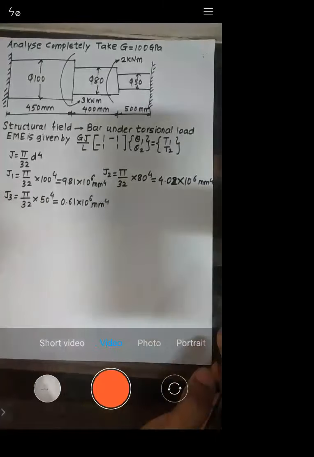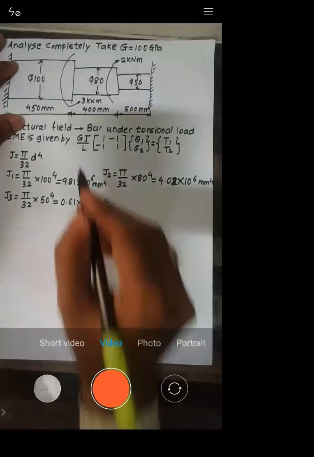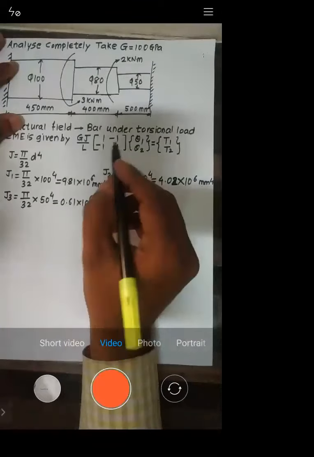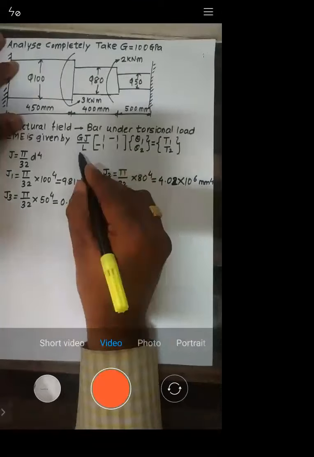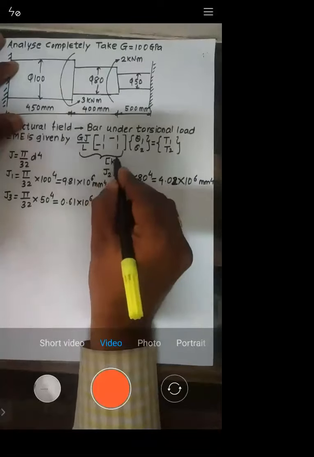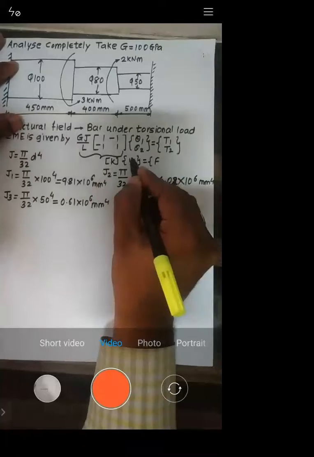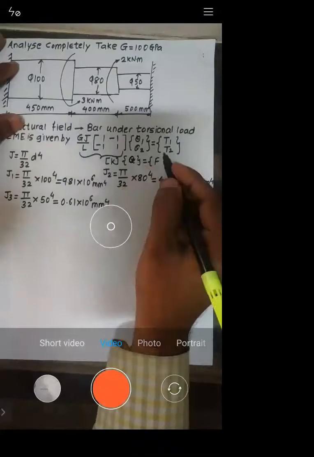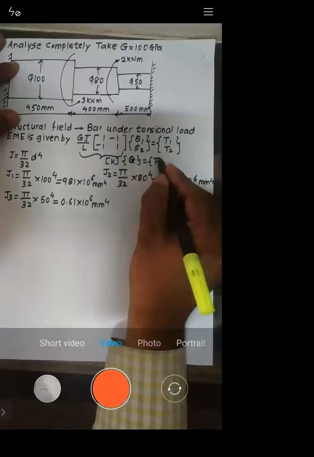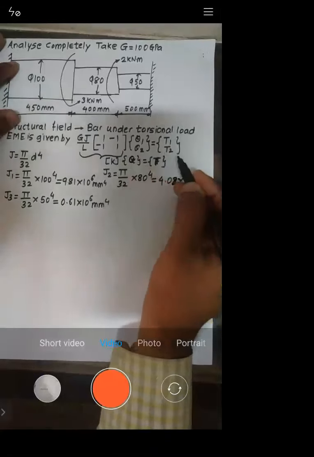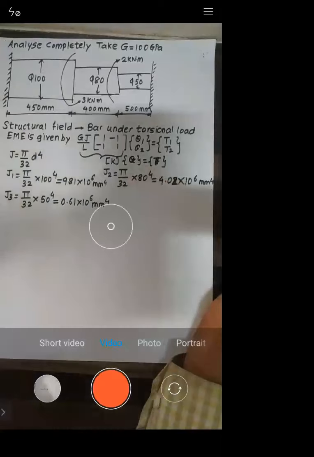We have calculated this because we need to put these values in the element matrix equation, where this is called the stiffness, which is multiplied by displacement to give force. Here displacement is not linear, it is angular, so we call it theta. Here the force is not a force, it is a torque, so we call it torque.